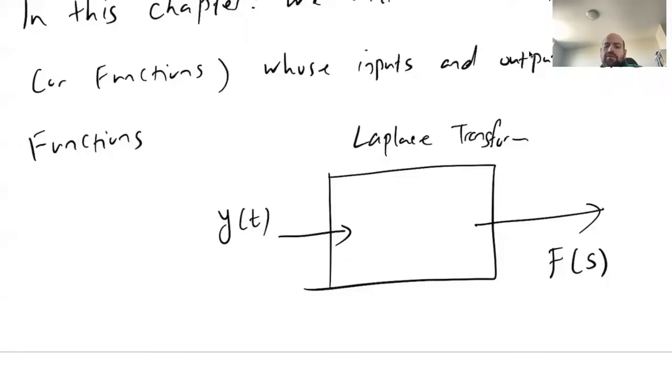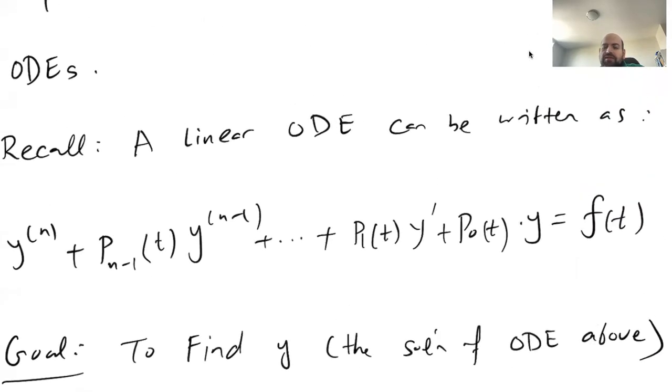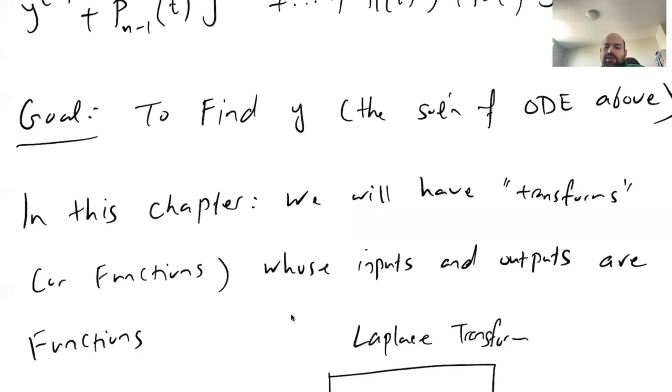Now we could ask, what's the point of this transformation? If the inputs and outputs are both functions, then what's the point of applying such a transform? Well, the answer is, when we start with the original function y of t, there are some derivatives in the ODE that in general make the ODE complicated to solve. We have first order derivative all the way to nth order derivative. But the good news is once we apply this transform, we get this new function, capital F of s.